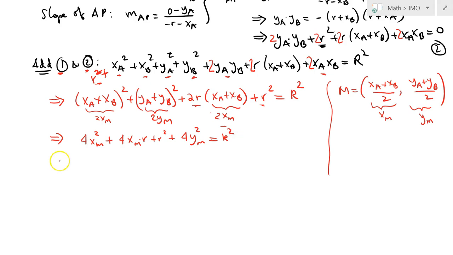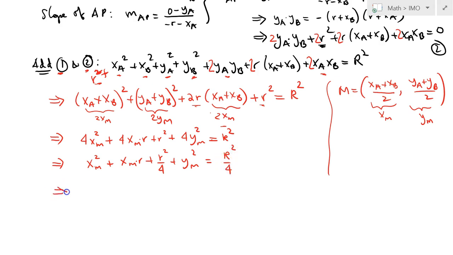But then we complete the square here, so this is a perfect square. Actually even better, we can divide everything by 4. That would give us a better expression, I believe. So we have xm squared plus xm times r plus r squared over 4, plus ym squared is equal to r squared over 4.